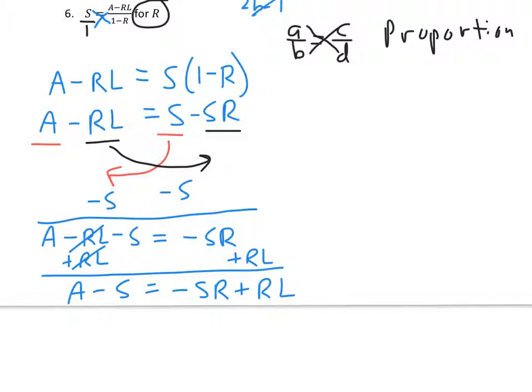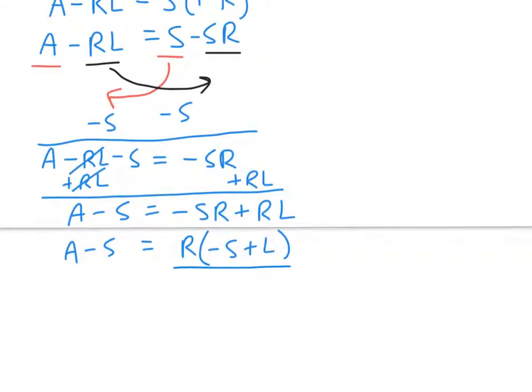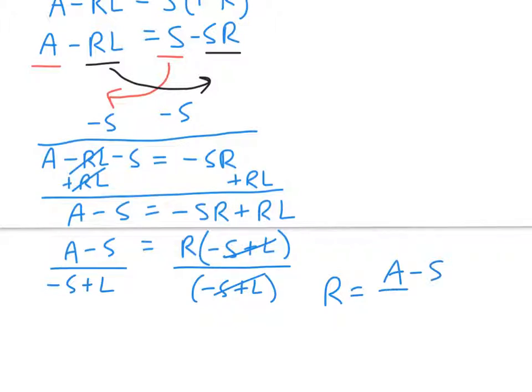Now that we've done that, we can factor the R out, which leaves us with negative S plus L, and divide through by that set of parentheses. That gives us a final answer of R equals A minus S over negative S plus L. Now you could write the L first and the minus S second, which I think looks a little nicer. So it would be L minus S.